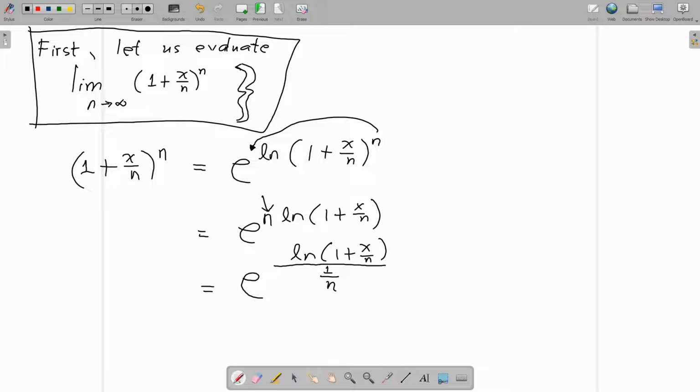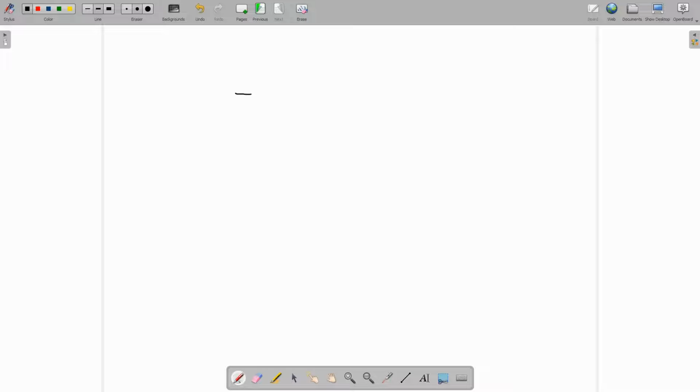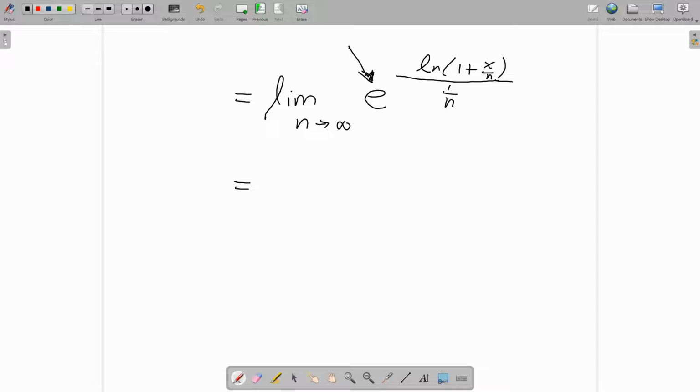Next, let us apply the limit. So we have the limit as n approaches infinity of e raised to our previous expression, ln(1 + x/n) over 1/n. Now, e is a constant.